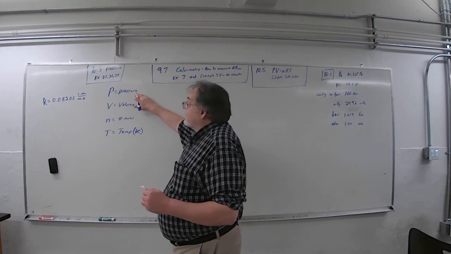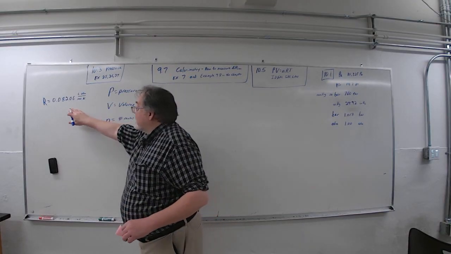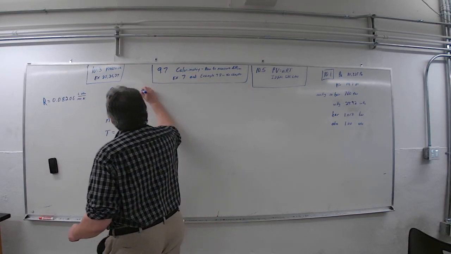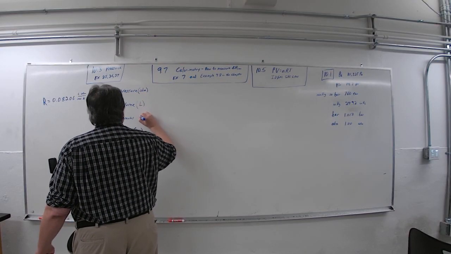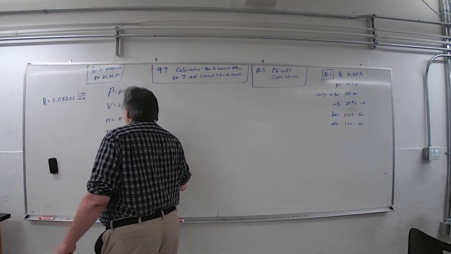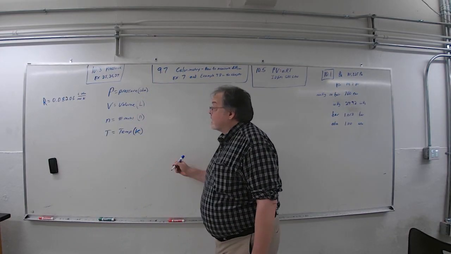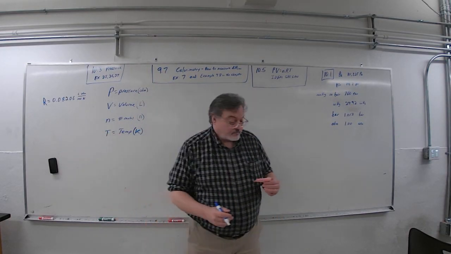So basically, you want your pressure in atmospheres to use this constant, your volume in liters, your amount of substance in moles, and temperature in Kelvin. Those are the units here.